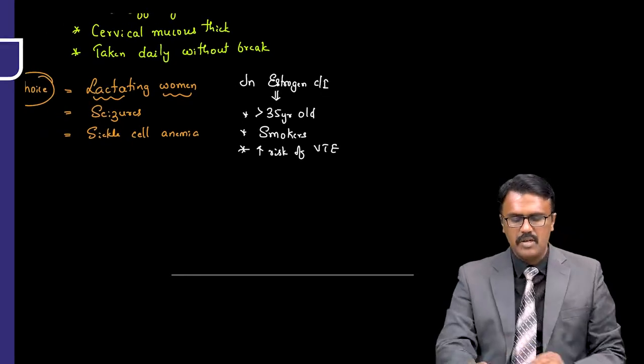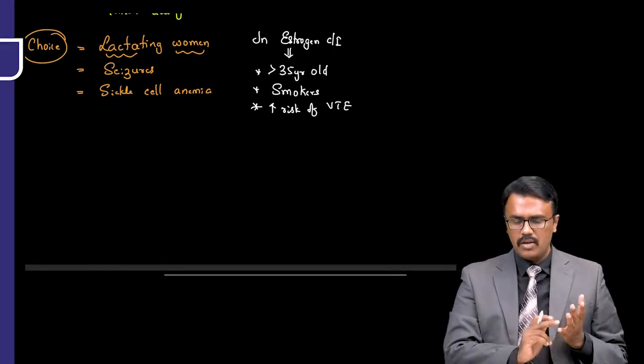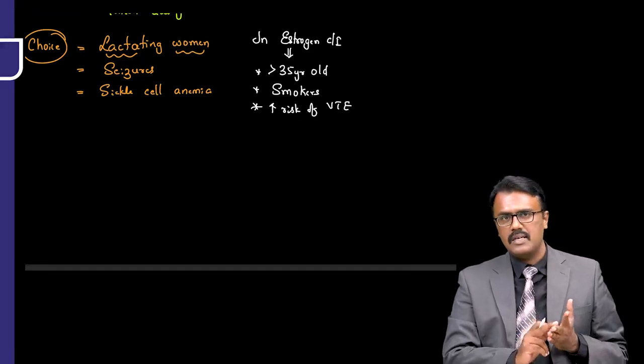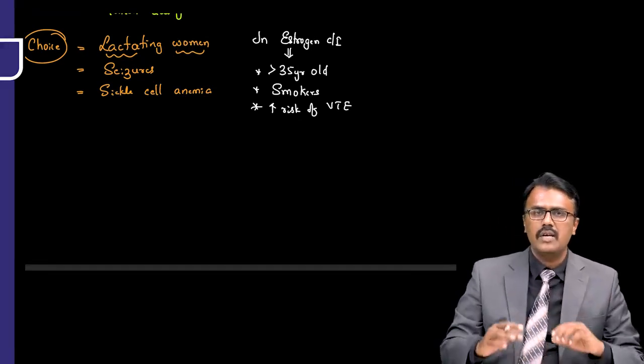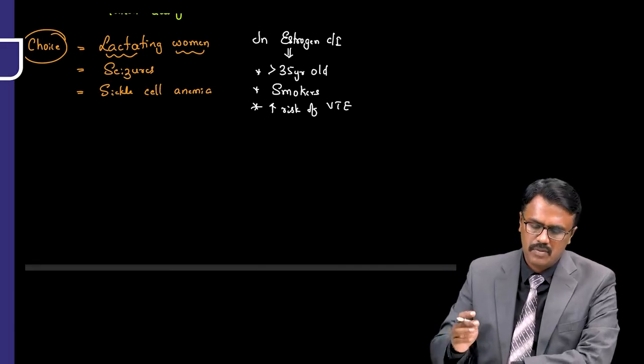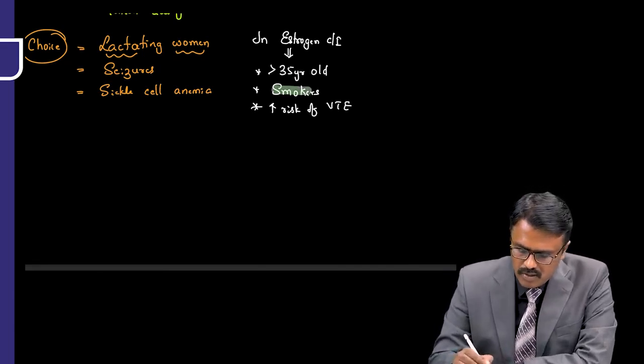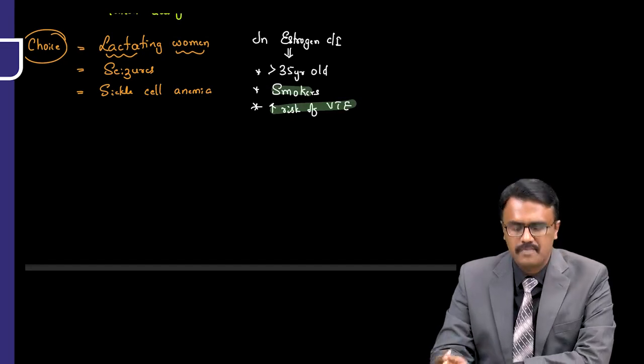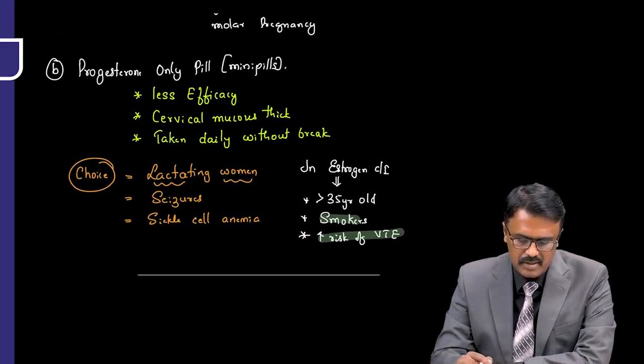So these are the patients where we prefer POP: lactating women, seizure patient, sickle cell anemia, and patients where estrogen cannot be given, like a patient over 35-year-old, smokers, and increased risk of venous thromboembolism. So we're done with the second oral drug, progesterone only pill.